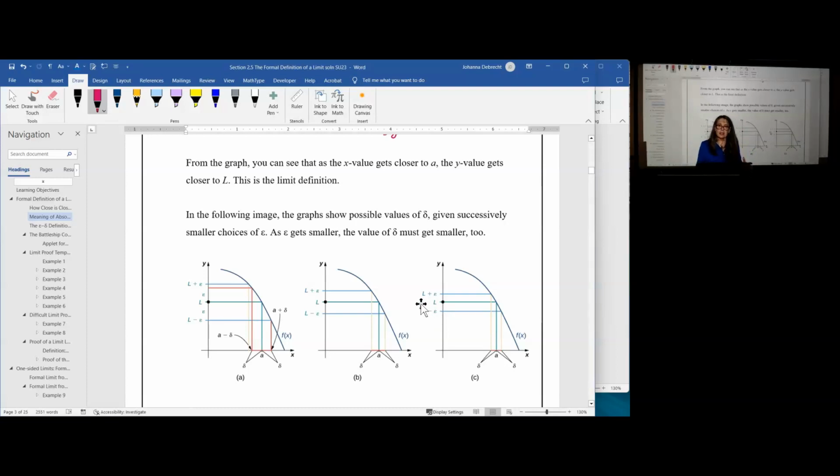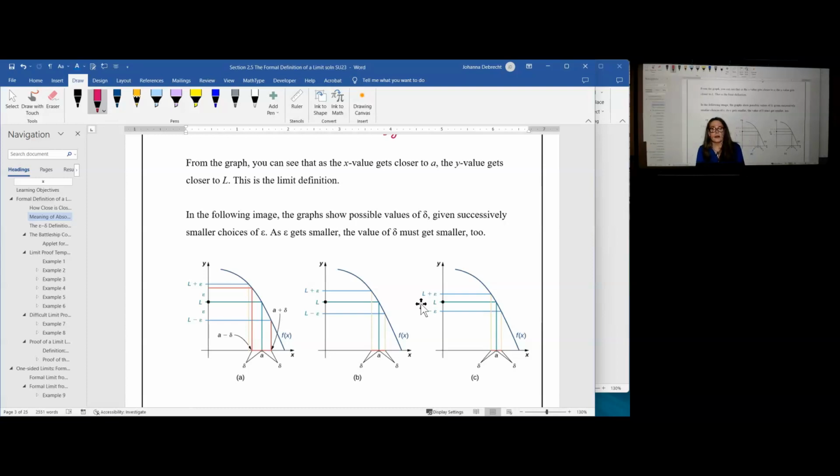If epsilon gets smaller, then delta will have to get smaller too. If, for example, I find that a value of 0.5 works for delta for an epsilon value of 0.1, but then I choose to make epsilon 0.05, then delta will no longer be able to be 0.5. It's going to have to get smaller.